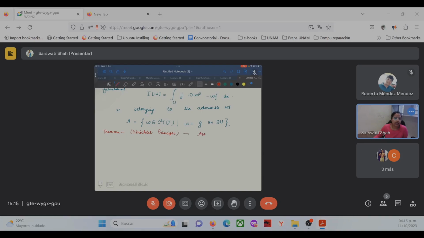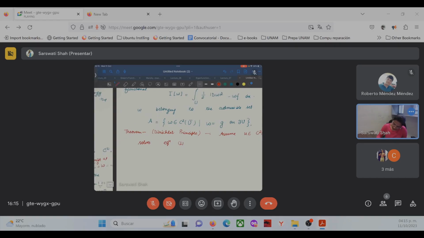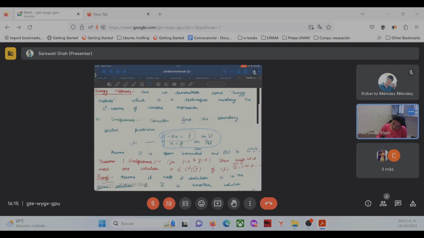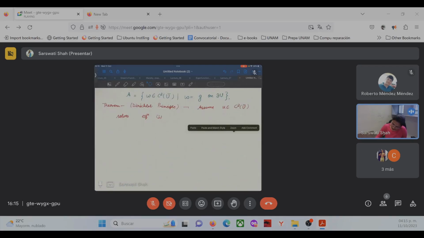Now assume U belongs to C2 of U closure and solves equation number first.